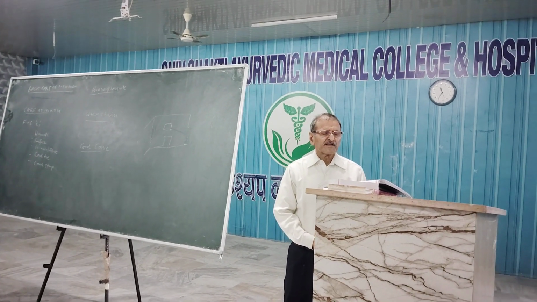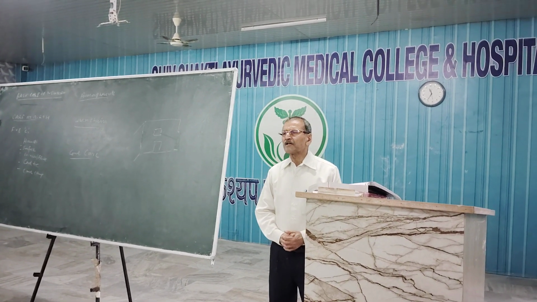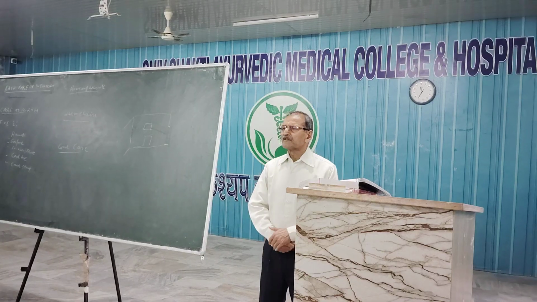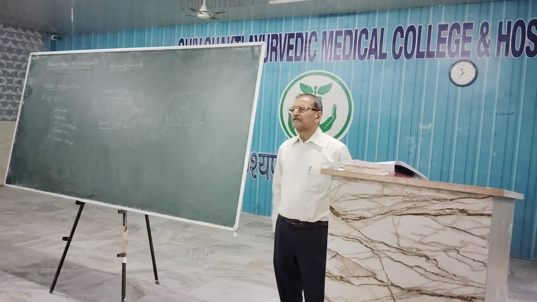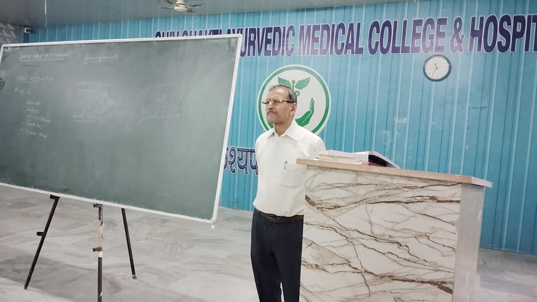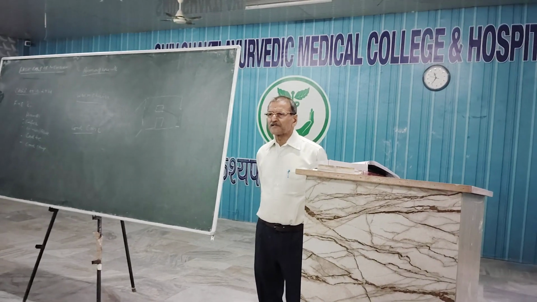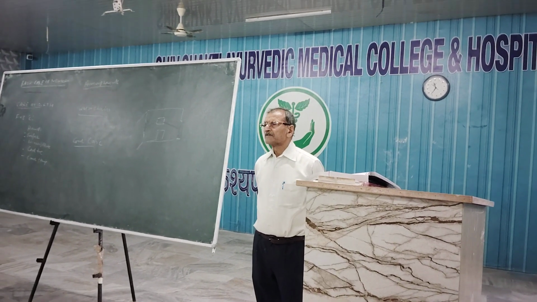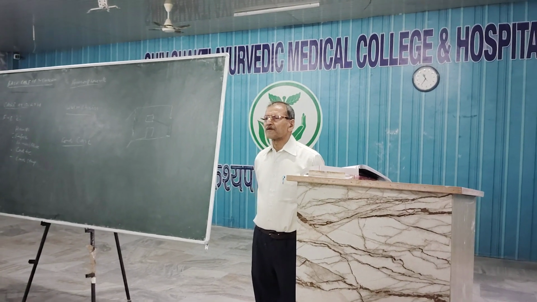Second is if there is a cord around the neck, which you will discuss in a new chapter, or if there are chances of RH isoimmunization, RH incompatibility. Under these conditions, you should not delay the cord clamping.